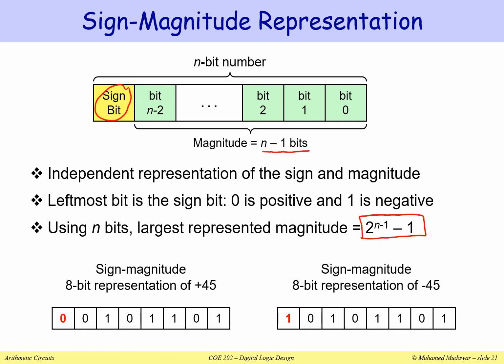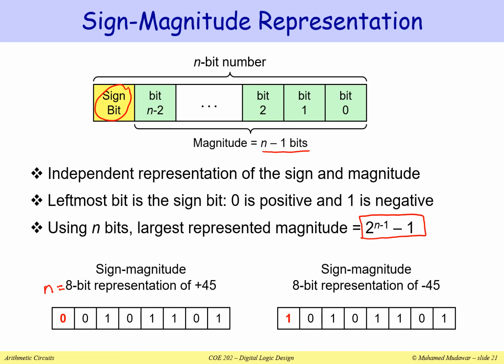For example, if n is equal to 8 bits, you can have 2 to the power 7 possible magnitudes starting at 0 and ending at 127.